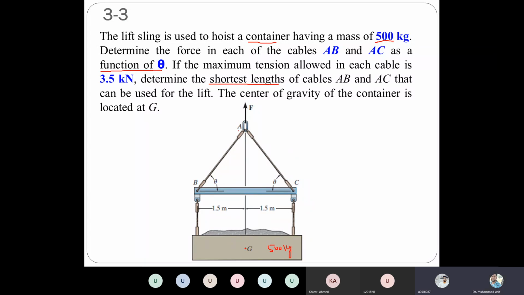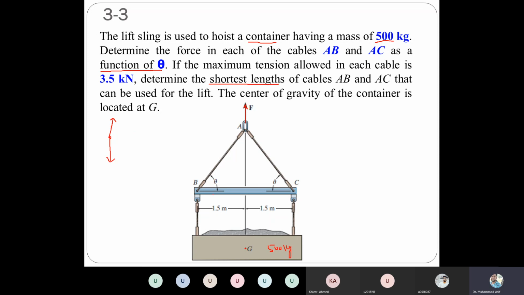Yes, we have to select basically A, because this force here is basically equal to the total weight. Whatever is the total weight downward, you have to apply that much force in the upward direction to carry the weight.